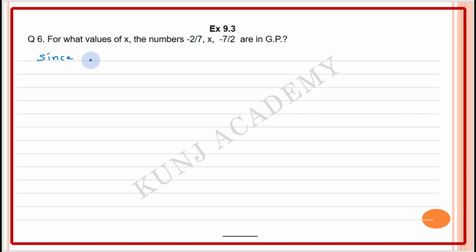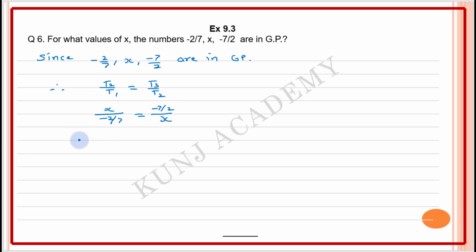Since -2/7, x, -7/2 are in GP, therefore T2 upon T1 must be equal to T3 upon T2: x upon -2/7 is equal to -7/2 upon x.